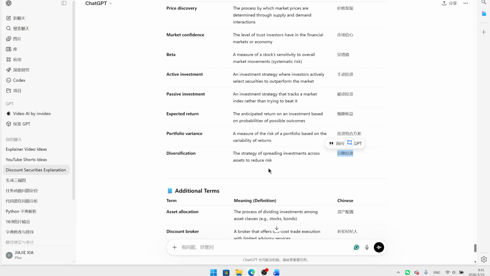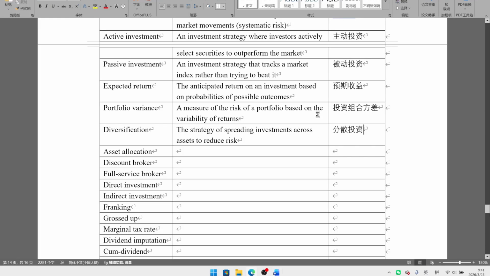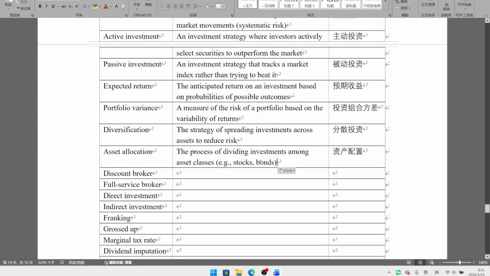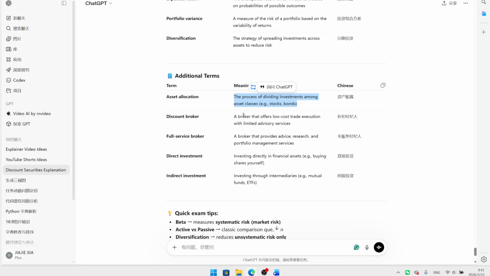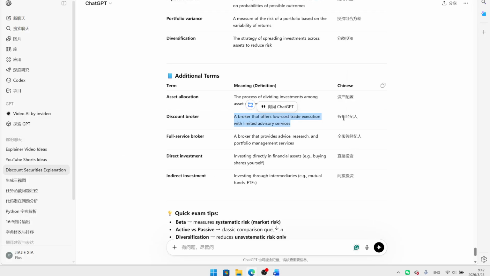Next one is asset allocation, the process of dividing investment among asset classes: stocks, bonds. A discount broker is a broker that offers low-cost trade execution with limited advisory service.